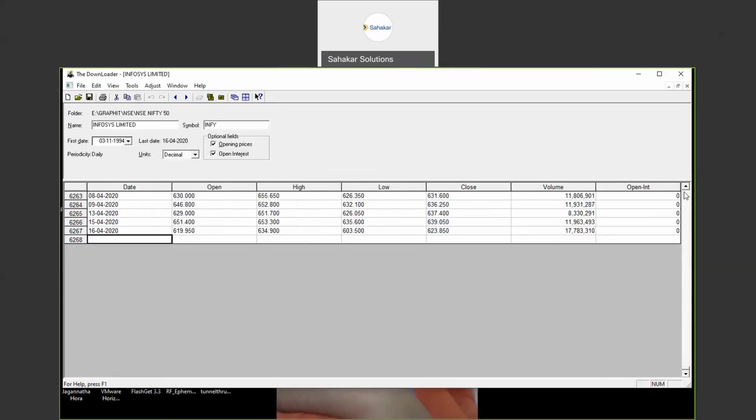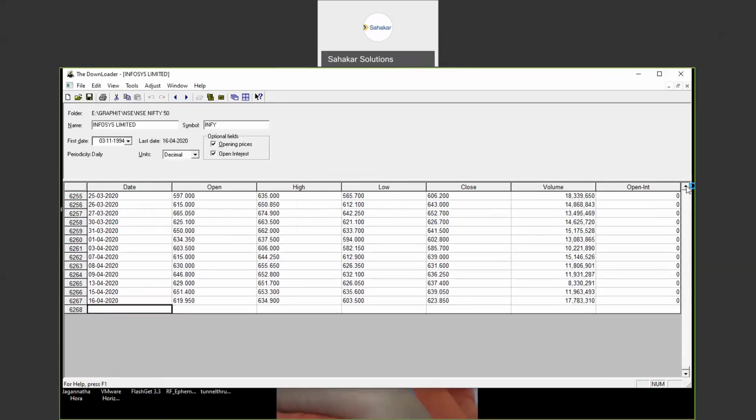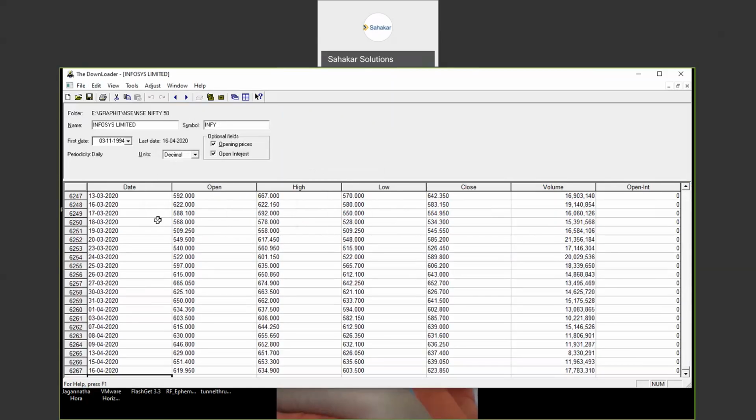This is data related to Infosys. It also has the same fields: date on which it was traded, open price, high price, low price, close price, and volume.